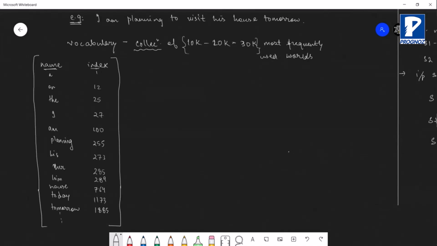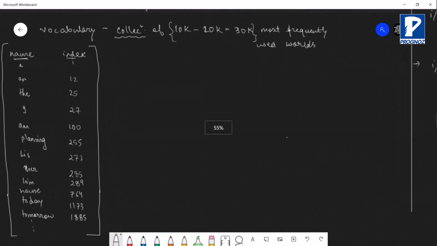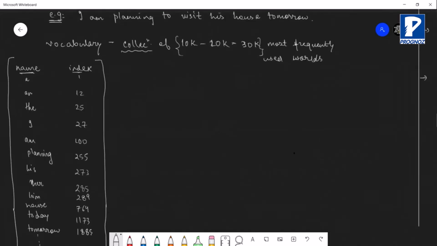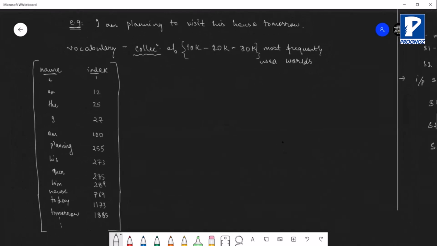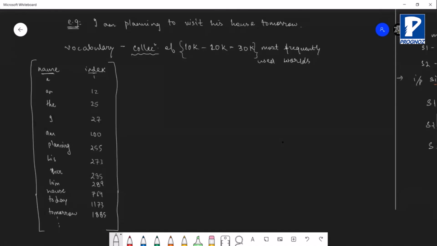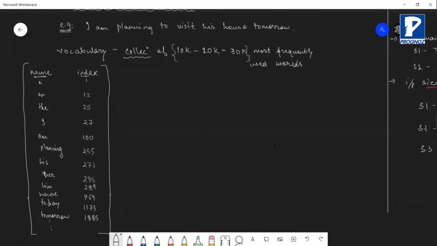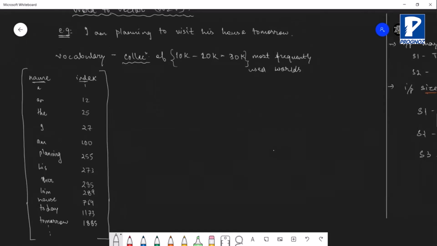Sometimes what will happen is that you will not find the word which is there in your input as a part of your vocabulary. It is not necessary that every word in your input statement is in the vocabulary. Sometimes you will not find it. For instance, here you will find that this word visit is not there in your vocabulary.